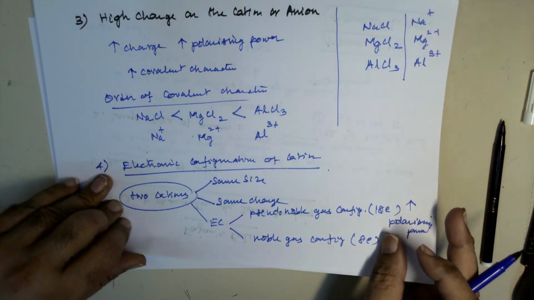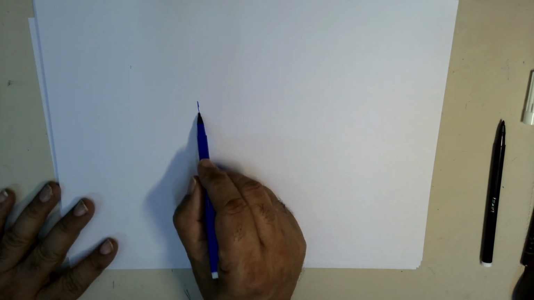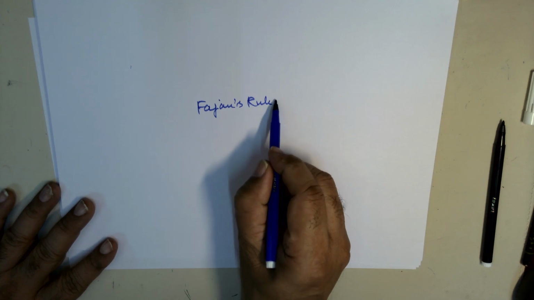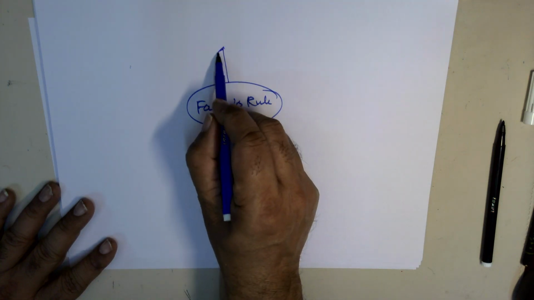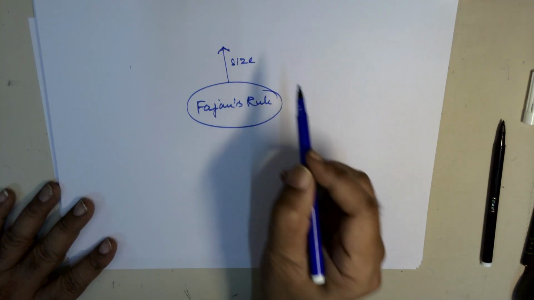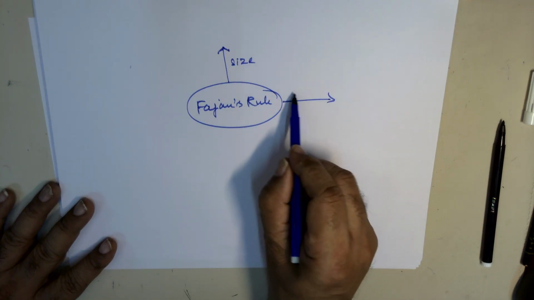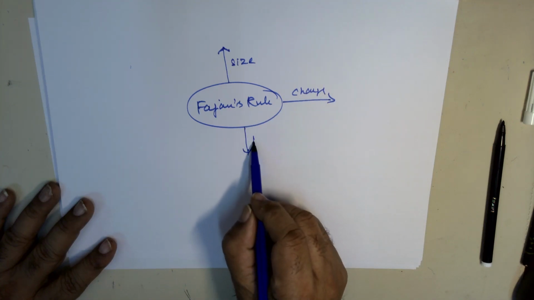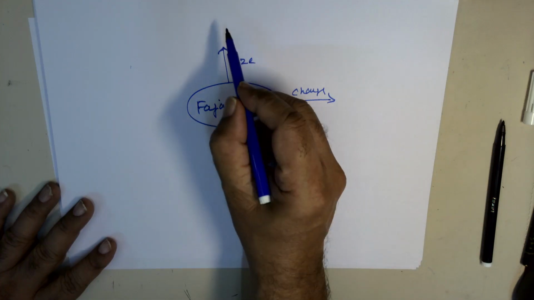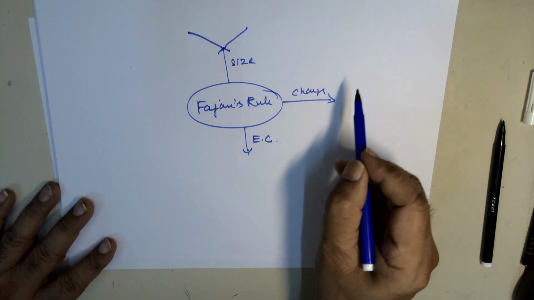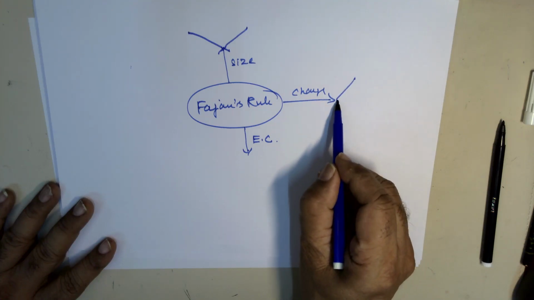So shall we have a mind map? What is Fajan's rule? One is based on what? Size. Another is based on what? Charge. Third one is based on what? Electronic configuration. Now let us split like cation, anion, and this is also cation, anion.